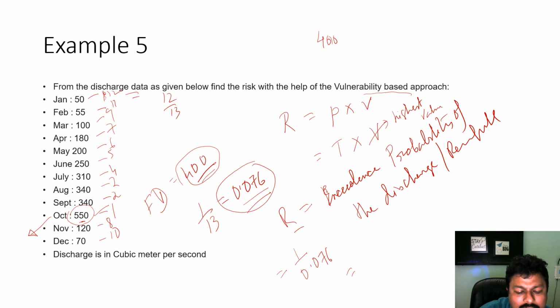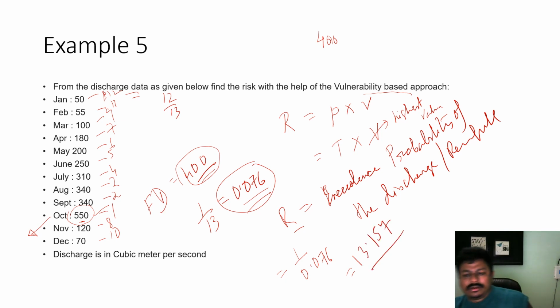The return period will be 1 divided by 0.076, which comes to 13.157. So this is your return period of this probability.